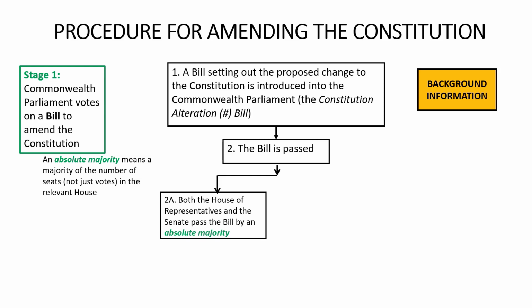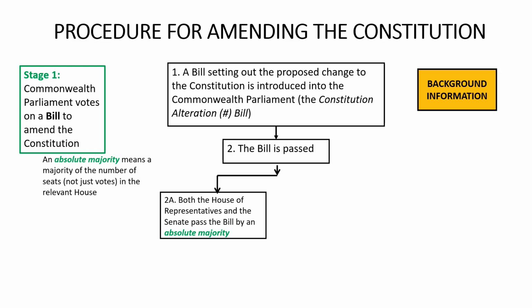The situation is very different for a bill to amend the Constitution. In that case, for the bill to be passed by the Commonwealth Parliament, it must be supported by an absolute majority of the House of Representatives and an absolute majority of the Senate.